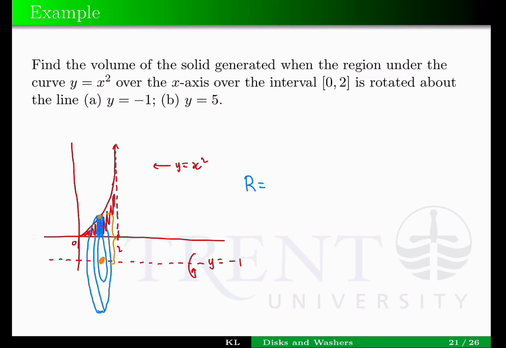Capital R: this point is given by your x squared, but that x squared is from this up to your x-axis only. But from this point going to this point, this is actually 1 unit, because y equals -1. So the bigger radius will be x squared minus -1, which is equal to x squared plus 1.